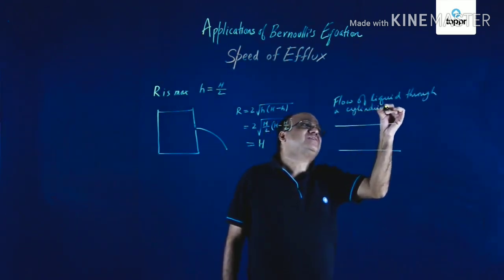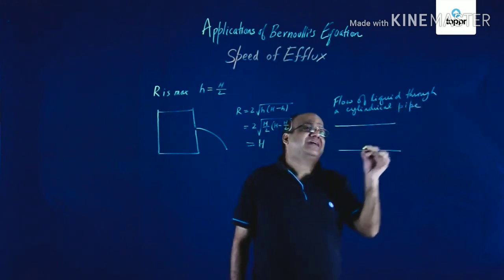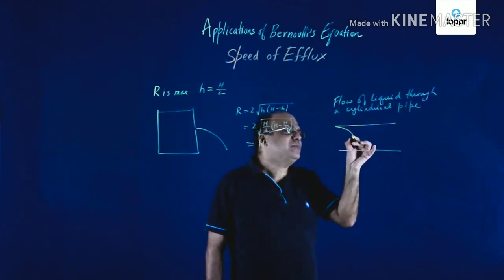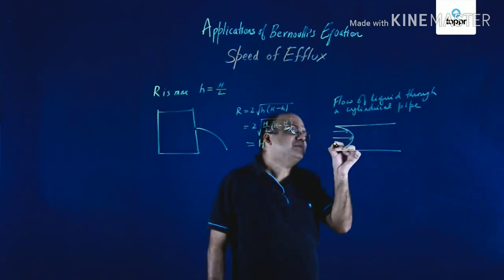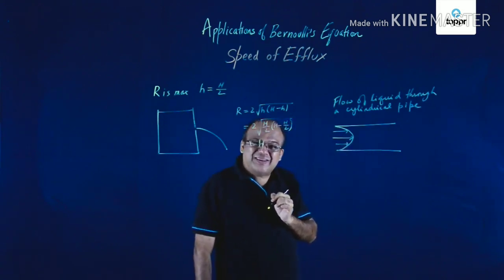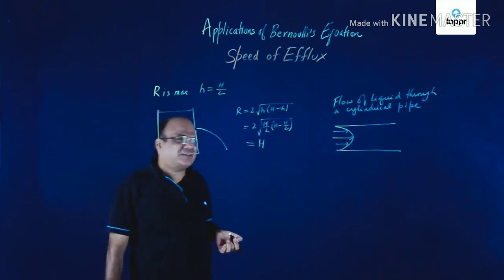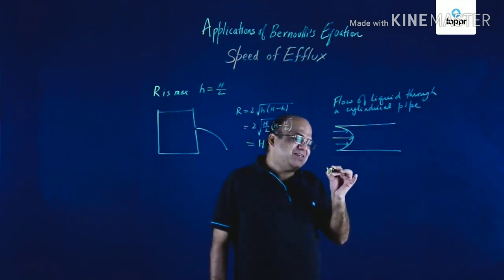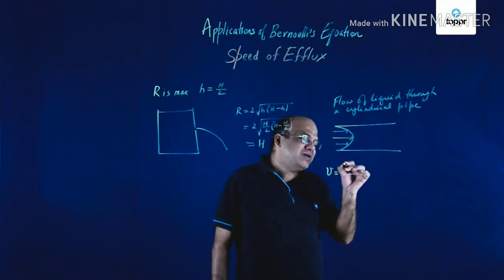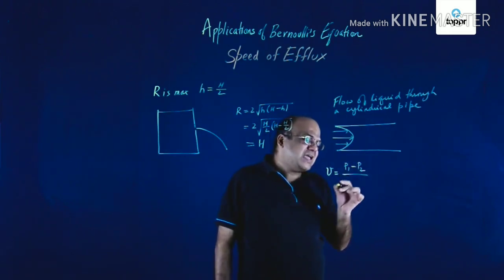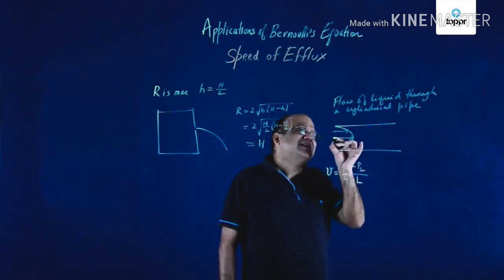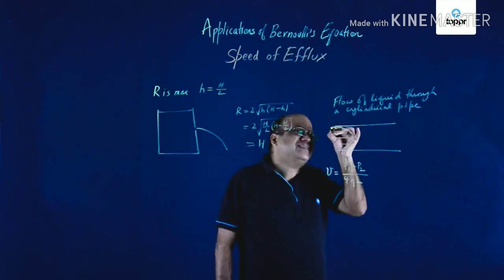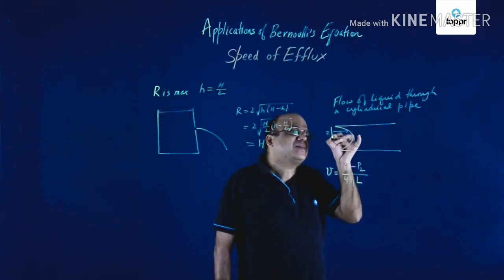Now, consider the flow of liquid through a cylindrical pipe, and you want to find the velocity at some point. This liquid is flowing, so the velocity will be like this. At the midpoint, the velocity is maximum, here the velocity becomes less, and at the wall the velocity is 0. So you want to write the equation for that velocity. That velocity is given by the pressure difference (P1 minus P2) by 4 eta L, where L is the length we are considering, multiplied by R square minus r square, where R is the radius of the pipe and small r is wherever we are trying to find the speed.